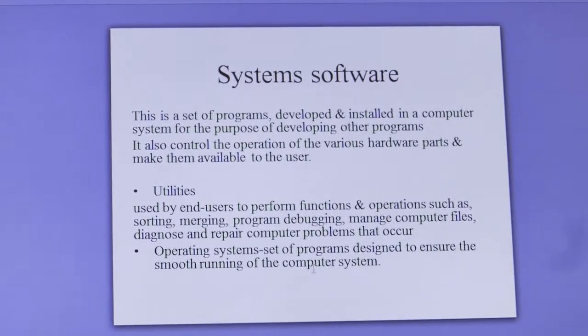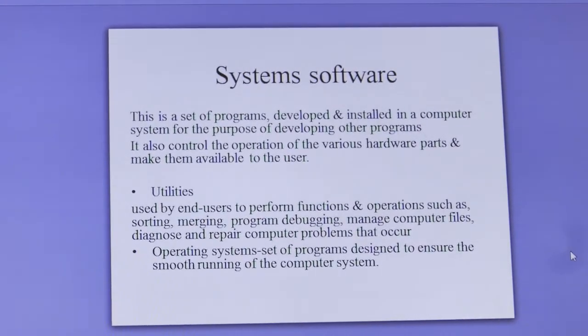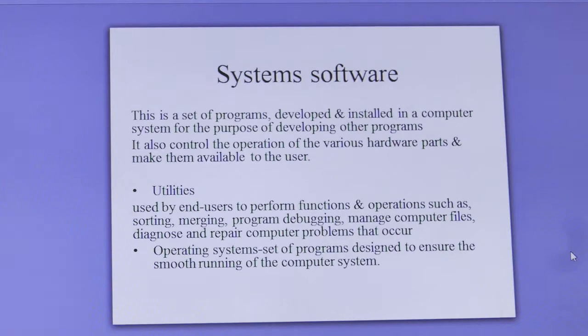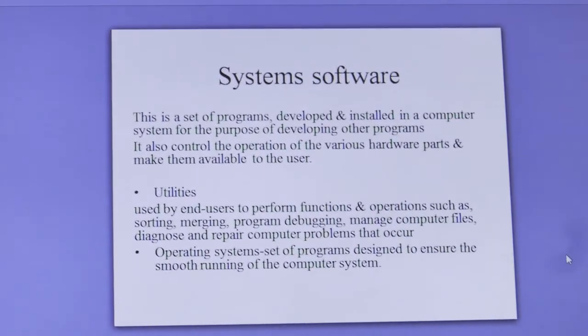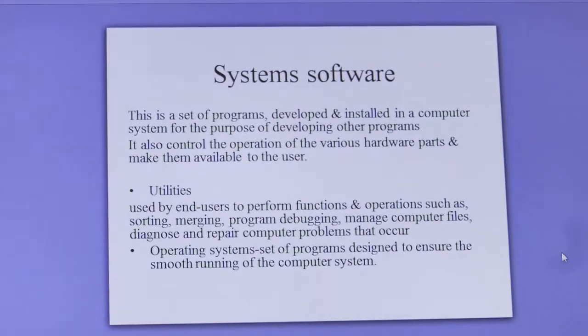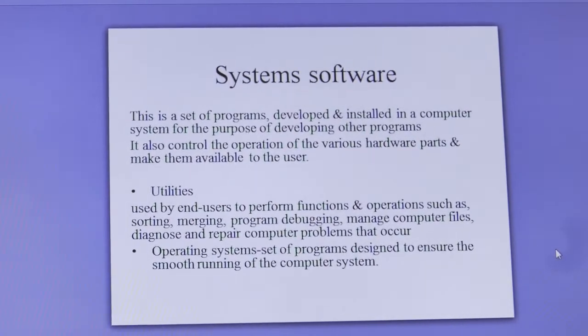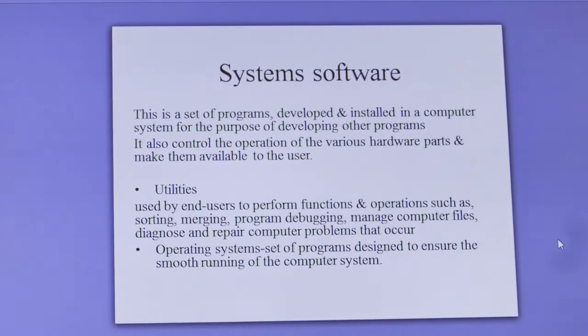This is a set of programs designed to ensure smooth running of the computer. For now, I will not say much about the operating system because I have also made another topic on it. You can check on the videos.